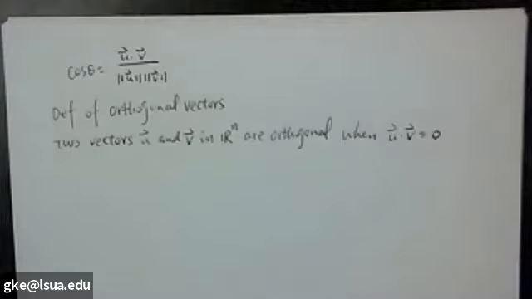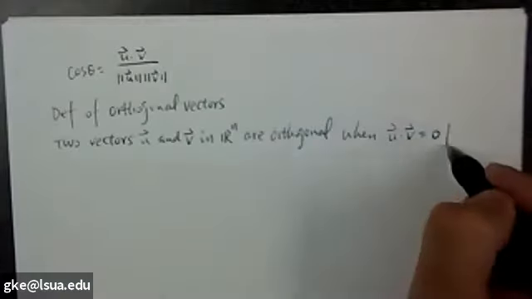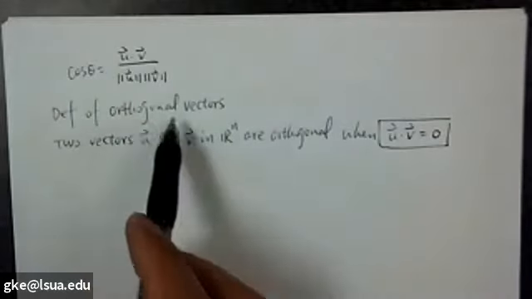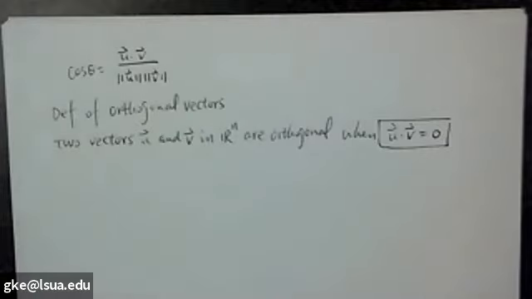Okay, that's the definition. If u dot product v equals 0, that means they are orthogonal vectors.